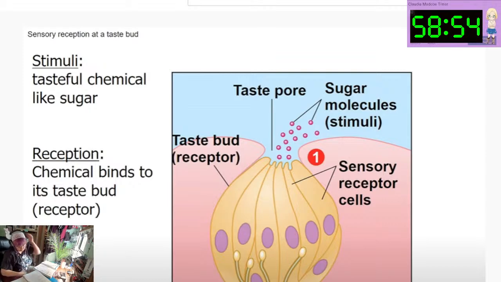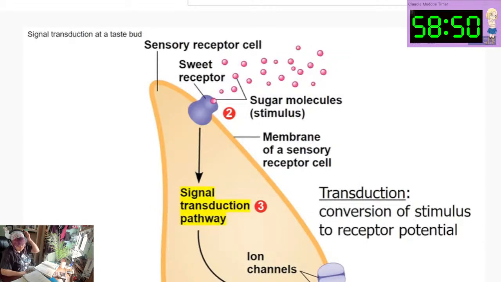This, in turn, causes changes inside the cell that result in transduction. So the signal transduction pathway results in sodium ions flowing from high to low into the cell, sodium ion influx, because sodium ion channels are opened. As we know, this influx of sodium ions causes a change in membrane potential, a change in the receptor potential. This is a depolarizing signal that moves the neuron from its resting potential of negative 70 millivolts to a more positive voltage.